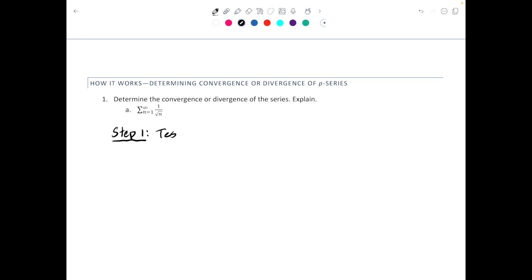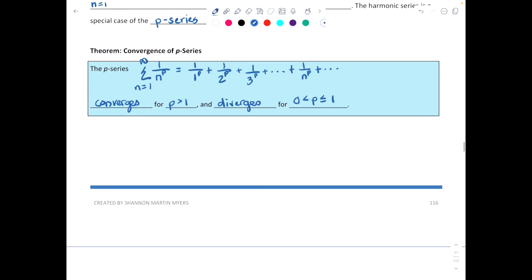your test. Well, we have something, don't we? Isn't this equal to the summation as n goes from 1 to infinity of 1 over n to the 1/2? So now notice it's in this format.